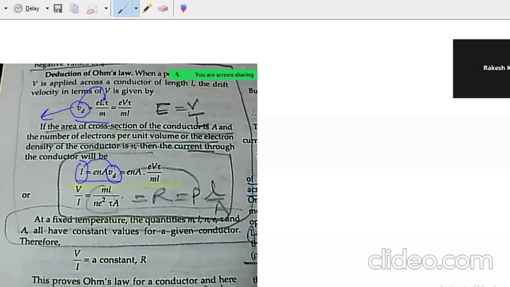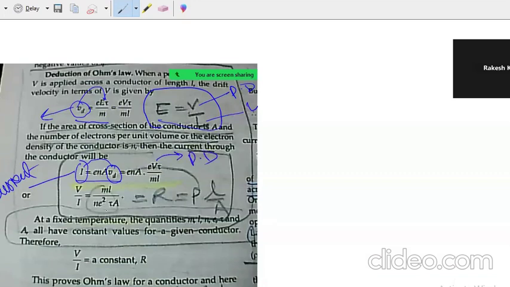The electric field is nothing but, you will come to know, potential difference per unit length. So instead of E, you can write V by L, and you have just got an expression which relates the current to the potential difference.